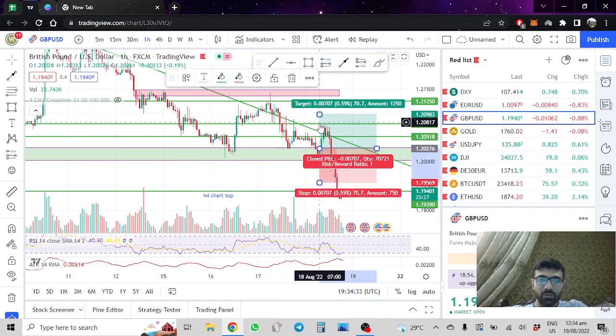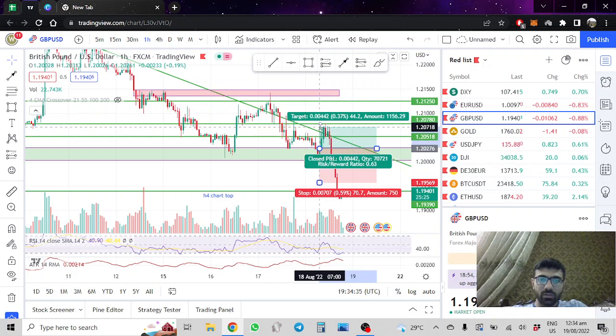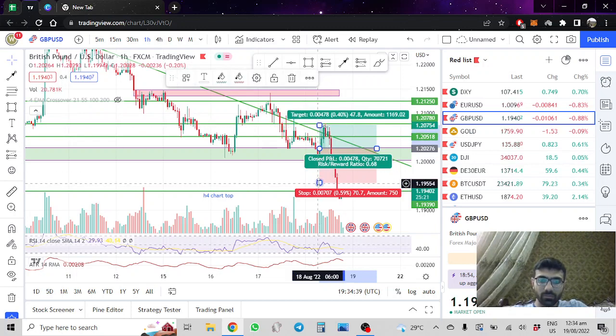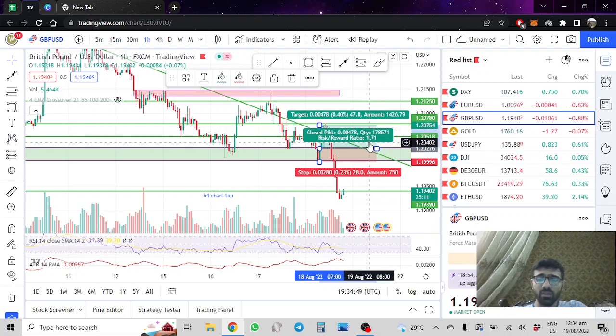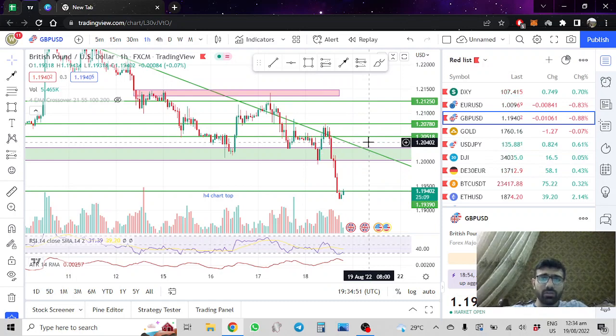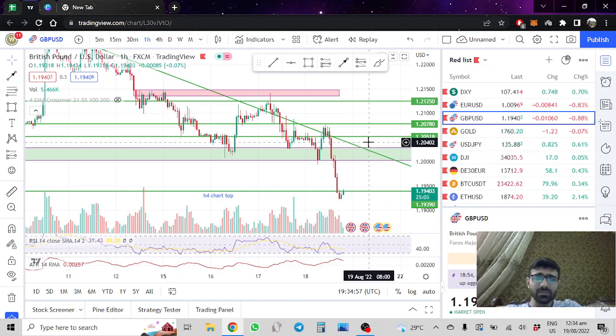How much profit could you have gotten? You could have easily gotten a risk to reward of 1 by 1.7, which is awesome. You get one profit of 1 by 1.5, and the other of 1 by 1.7. I think this is great.